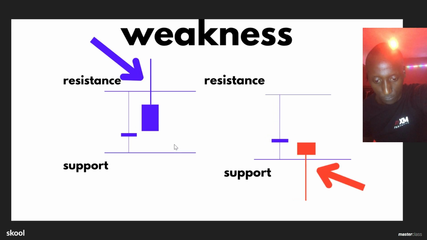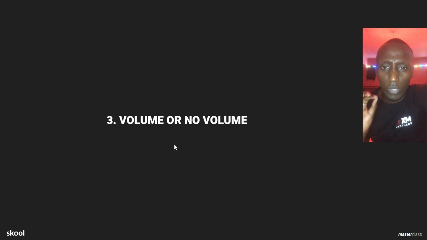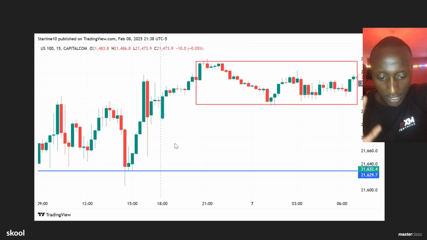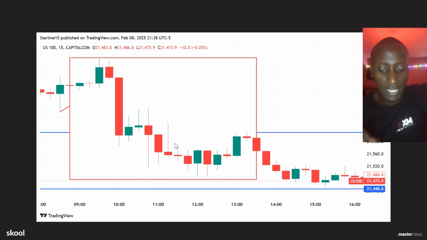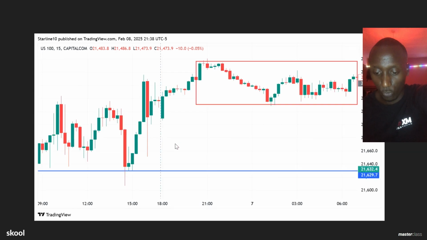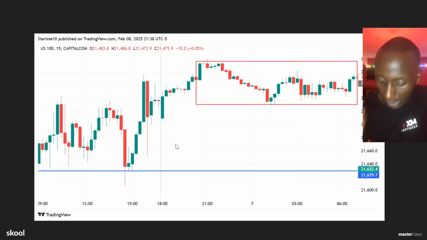Now, another thing we have to understand is volume. You don't want to just trade any time of the day. Notice the difference. This box here represents a time when we don't have volume in the market. This, on the other hand, represents volume. Compare and contrast. We have consolidation, small candles.